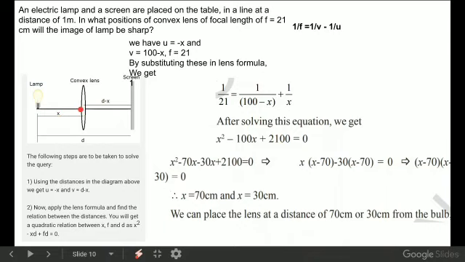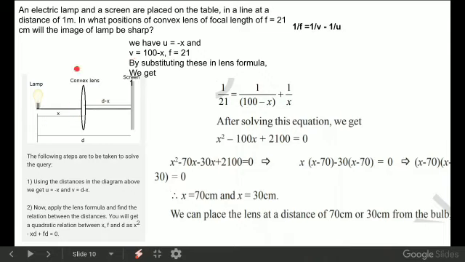And what will be the image distance? When the lens is placed at x distance from the lamp, the image will be found on the screen. The distance between the lamp and the screen is d, and the distance between the lamp and lens is x, so the remaining distance, between the lens and screen, will be d minus x. Now to find at what distance the lens should be placed from the lamp to get a clear and sharp image, we have to find this x value.